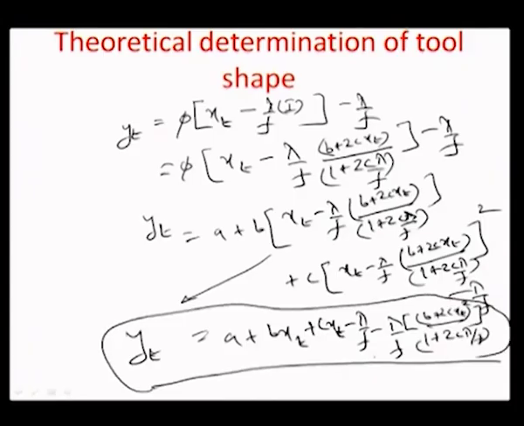So, that is how you can map a quadratic function on the workpiece surface to a tool surface. This is just a generic representation of what would happen if the surface is defined by a function.